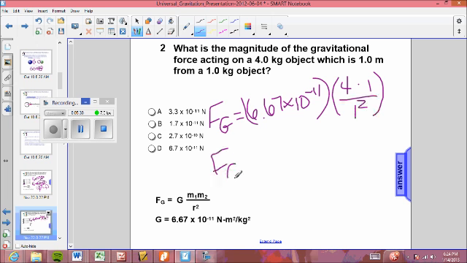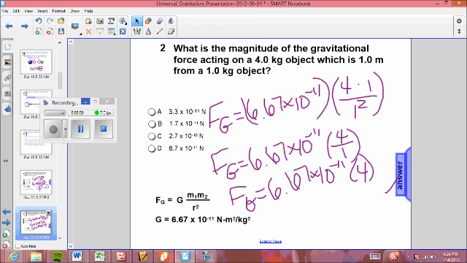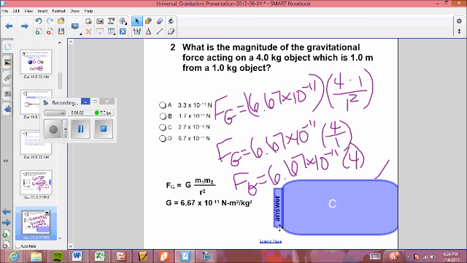So now we've got 6.67 times 10 to the negative 11 times our 4 times 1, which is going to give us 4, and then divided by 1 squared, which is 1. We know that that is going to give us 4. So our final answer is going to be C, 2.7 times 10 to the negative 10.